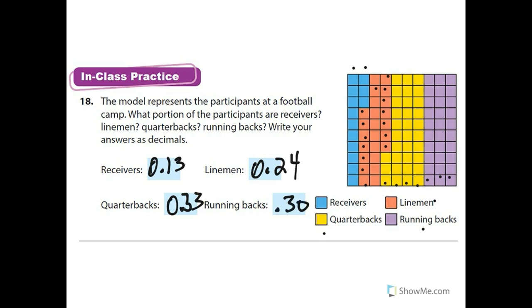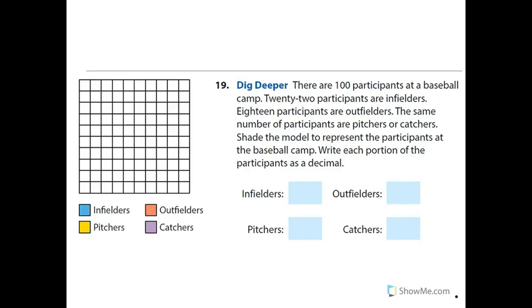Alrighty, number 19, our last one. We're going to dig deeper. There are 100 participants at a baseball camp. 22 participants are infielders. 18 participants are outfielders. The same number of participants are pitchers or catchers. So pitchers and catchers have the same number. Shade the model to represent the participants at the baseball camp.